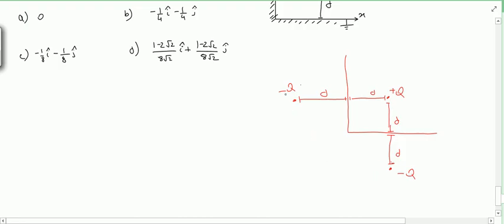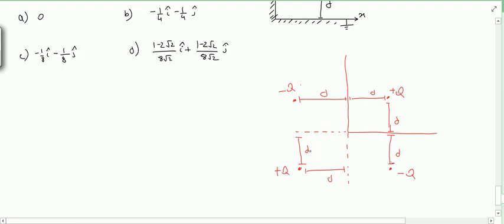Now due to these minus q charges there will be again an image charge here. If I make this line here and here, so this distance will be again what? D, and this distance will be again what? D, and here due to this minus q and this minus q the charge will be plus q.